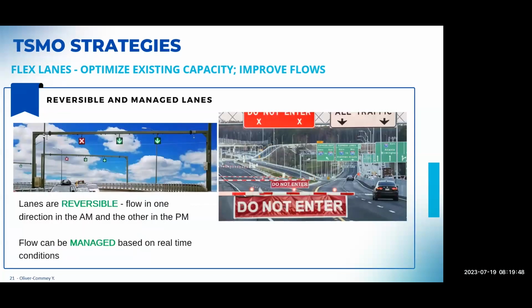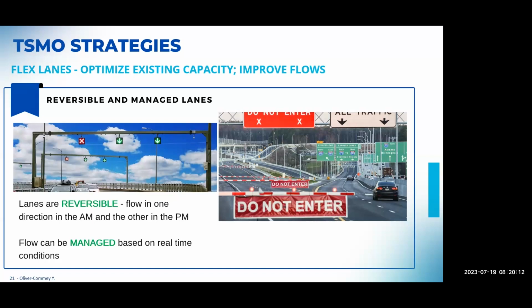Reversible and managed lanes also follow the same idea. It uses a lot of all the systems that I just mentioned. It gets more complicated because now you're saying that I'm just going to have 2 lanes of traffic, let's say in the median of a highway, but in the morning, everybody's going to go south or in one direction. And then in the evening, because most people are returning, everybody uses it in the opposite direction.